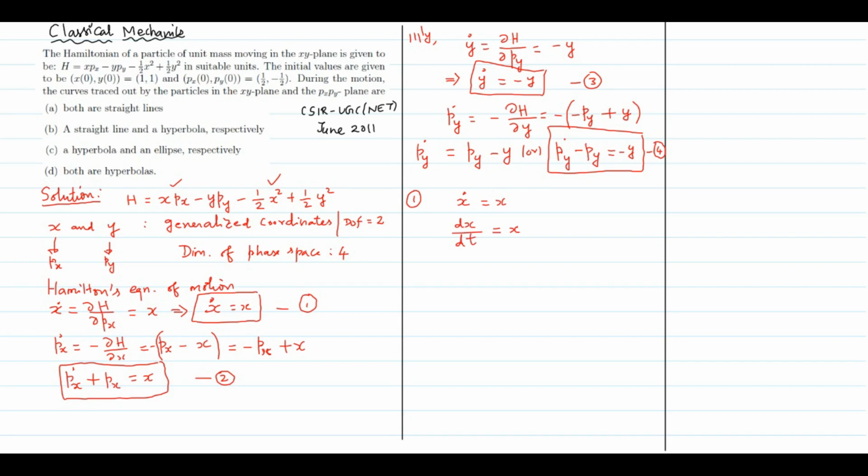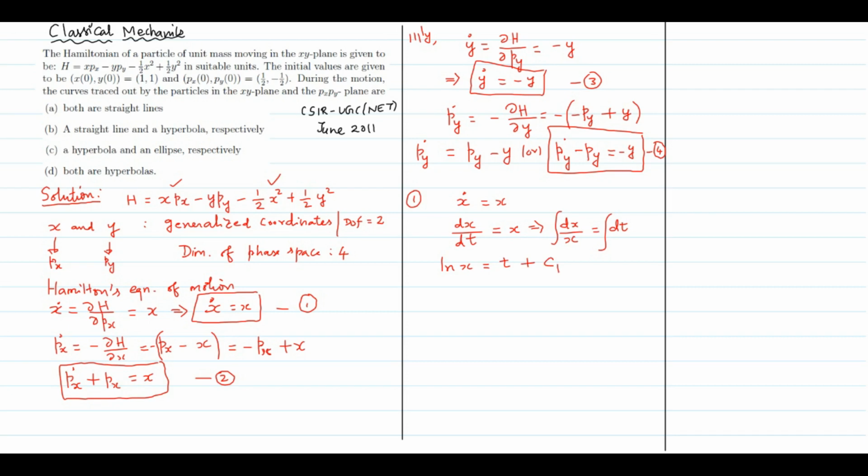Solve by the variable separable method. So dx by x gives you dt, then integrate it. The integral of dx by x is simply logarithm of x, and this is t plus some integration constant c1.